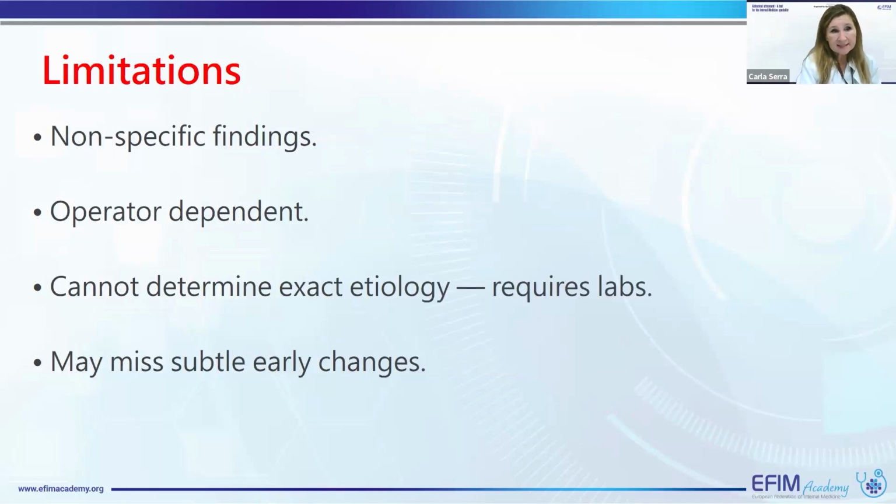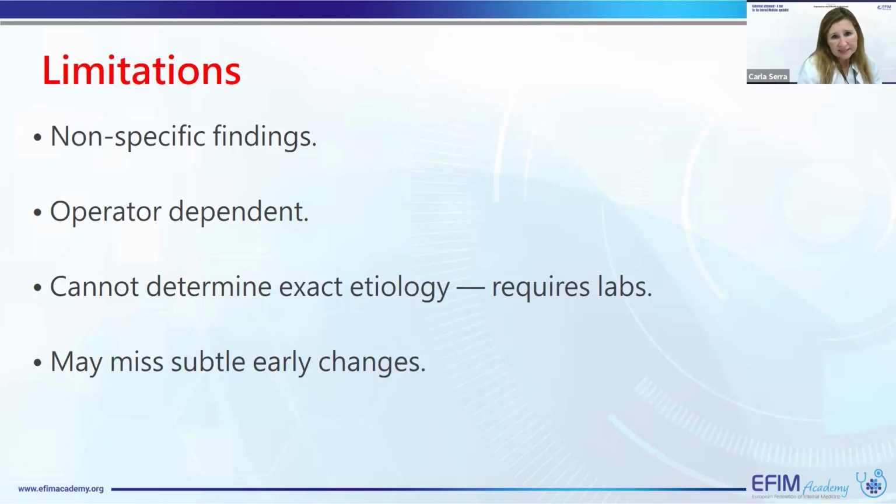To be honest, the technique has some limitations, because some findings that we have looked at are not specific. So it is important to correlate ultrasound findings with the laboratory and the clinical setting.